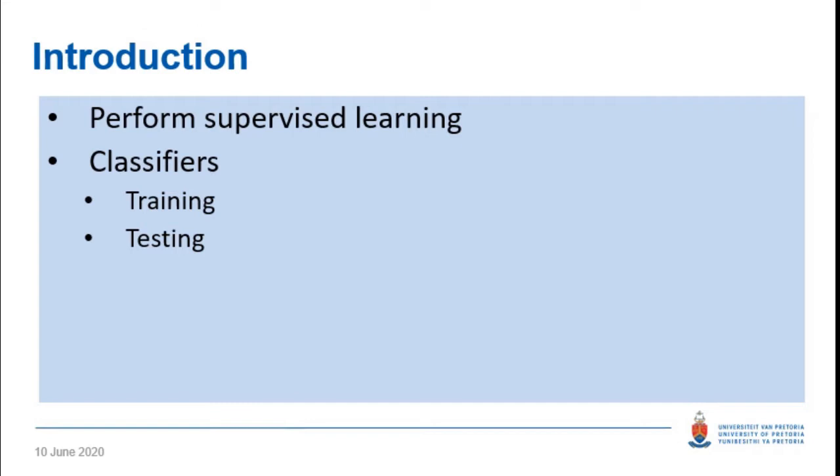Usually when you get a data set made up of all these instances, you divide it into training and testing. Training is used to create the classifier, and your testing set is then used to see how well that classifier generalizes. How well can it actually predict the class of unseen data?